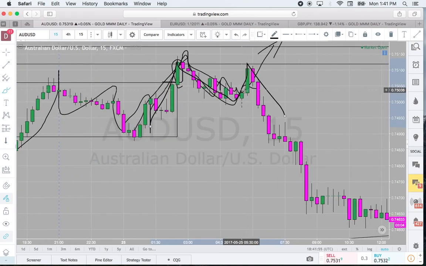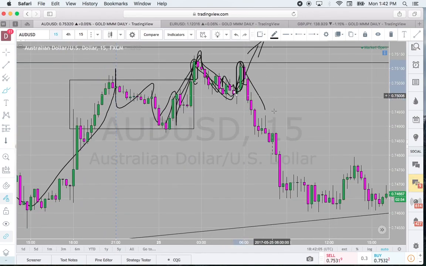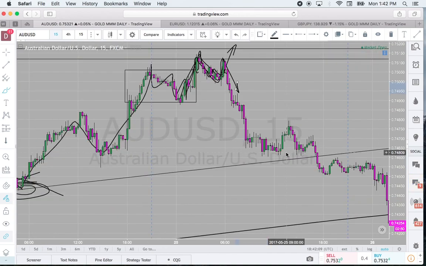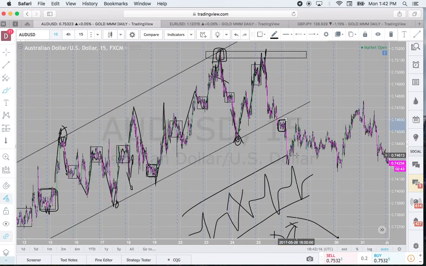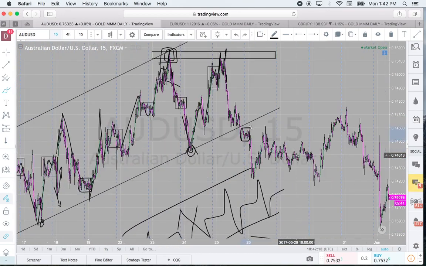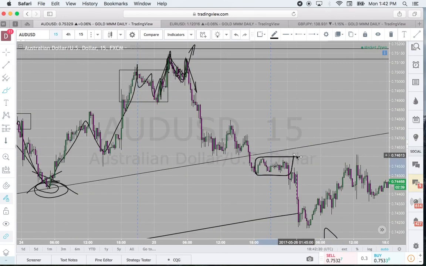You can see that another big spike up to induce emotions, and then that retrace downwards. Ends the day in consolidation, and then, okay, this is very important.